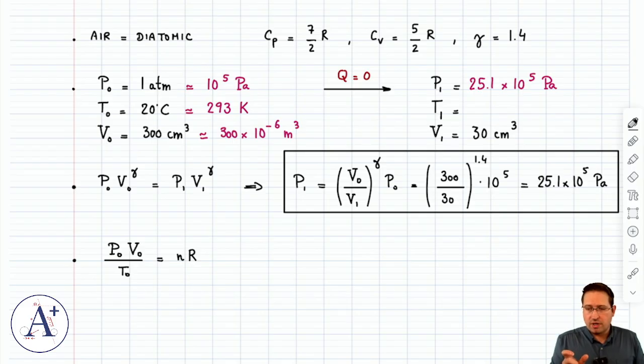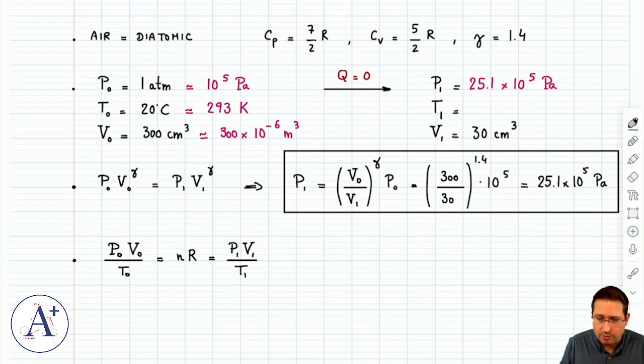Well, the number of moles of air doesn't change. So NR stays the same, and this is going to be equal to P1 V1 over T1.